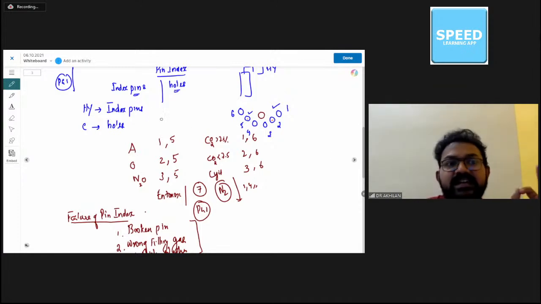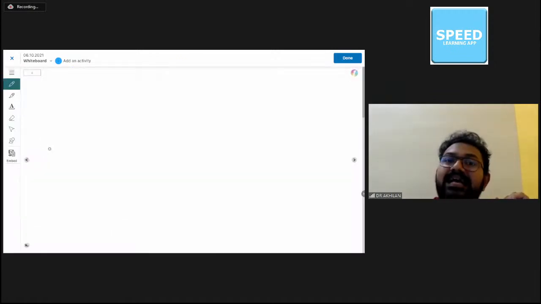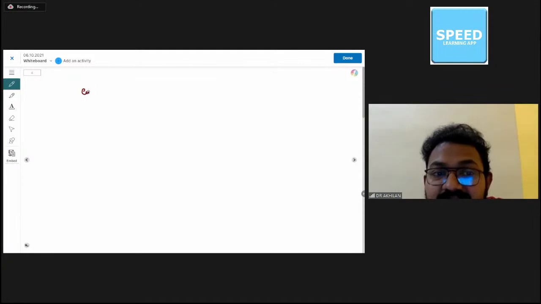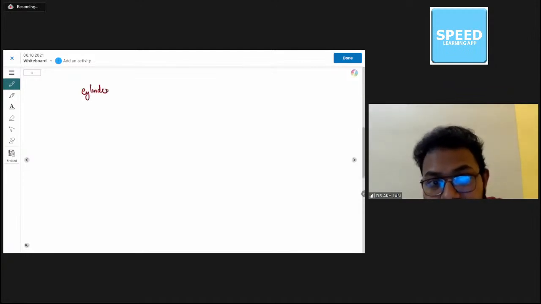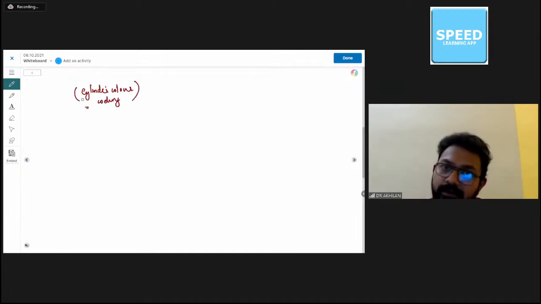And finally, I want to discuss the last fact-based concept in your cylinders, and that is cylinder color coding. The pin index safety system is one safety feature that you have in your anesthesia machine.